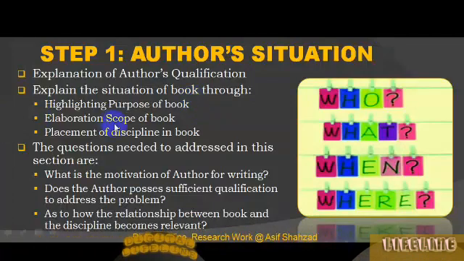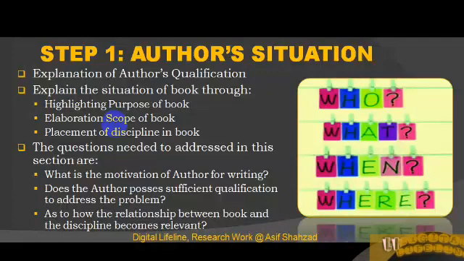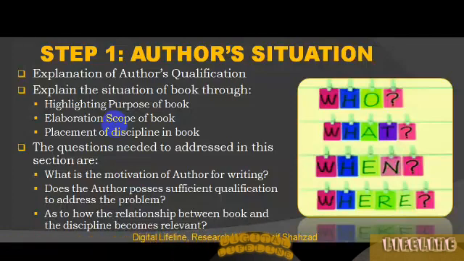Now, what is the scope of the book? Is this book limited to some specific area, some specific series, some specific theory, or does it have an expanded scope that can be expanded in future as well for educative collaborations, social collaborations, or theoretical collaborations?